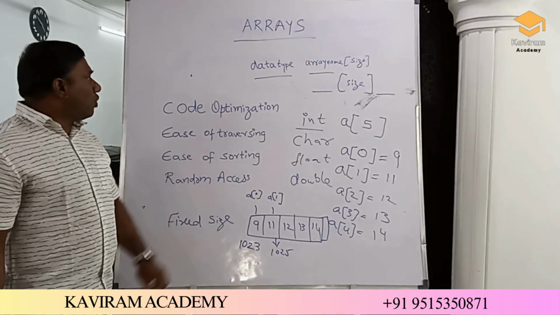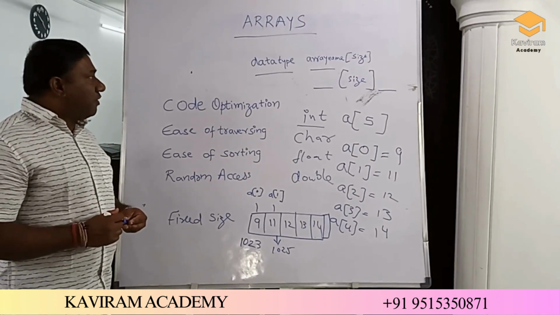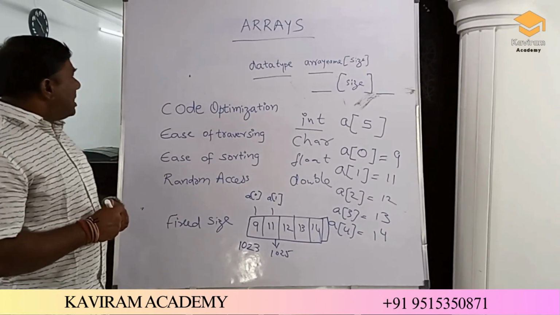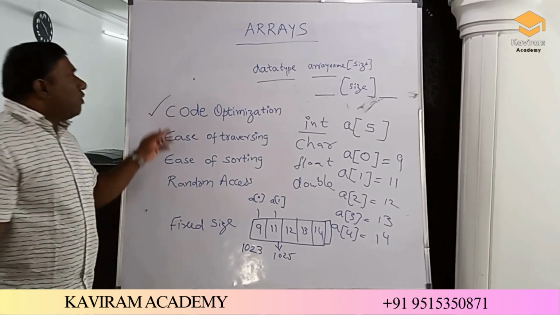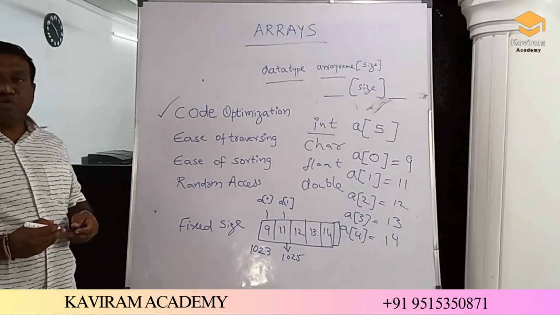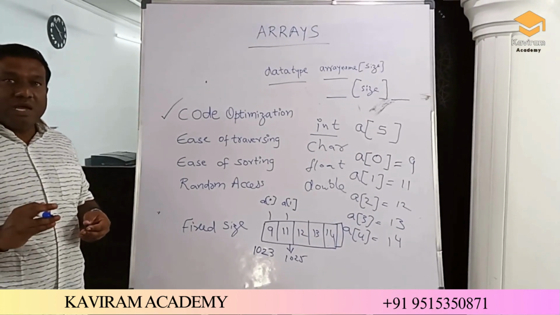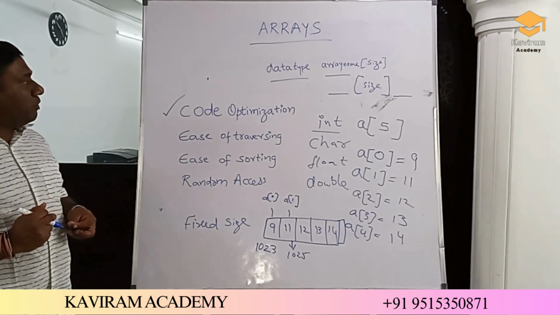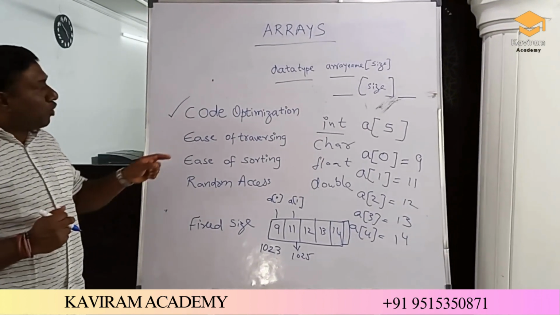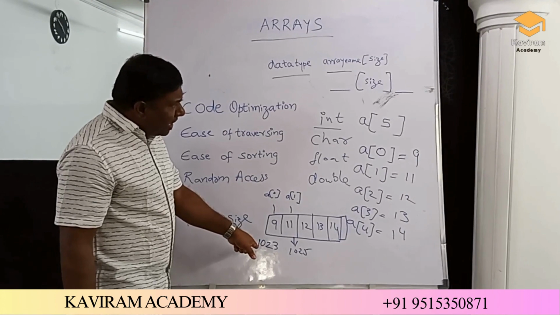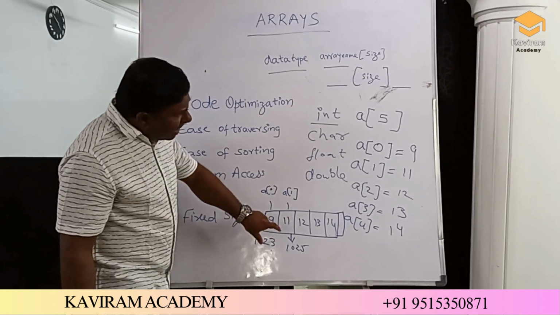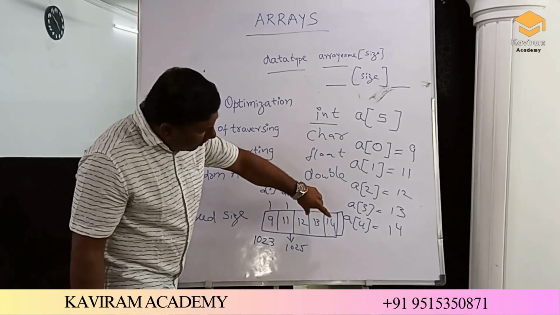So why do we go for arrays if we have variables? One best advantage of arrays is optimization. Whenever we have many variables of a similar data type, each and every variable should have a name. But with the arrays concept, one name can be given to the array, and this array will store all the variables.